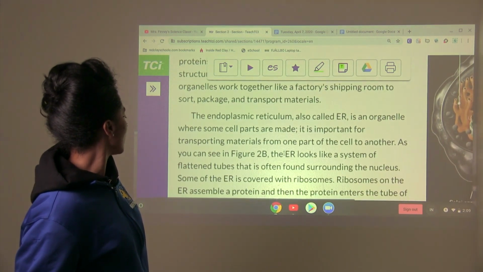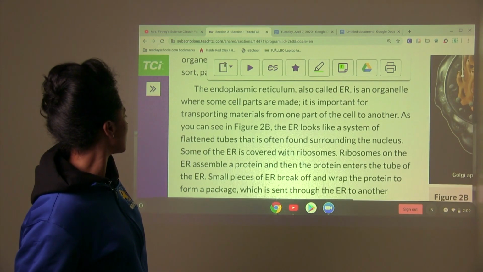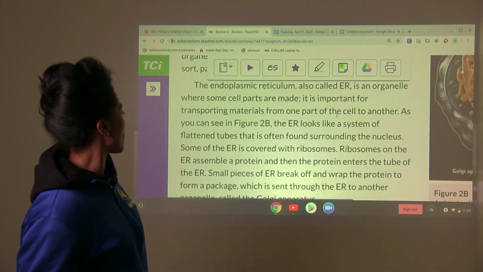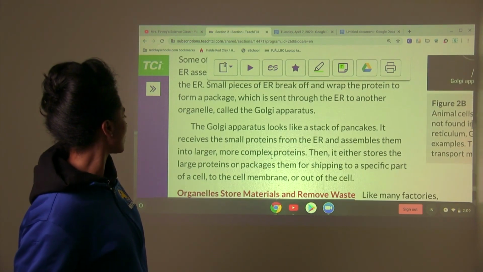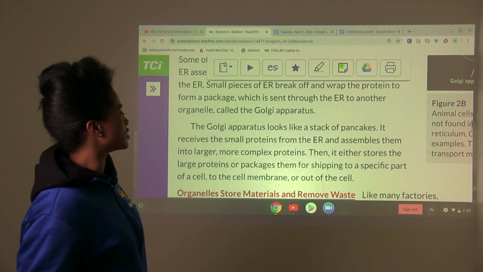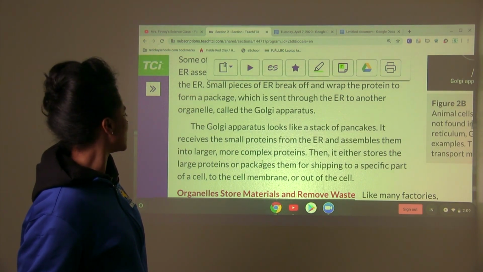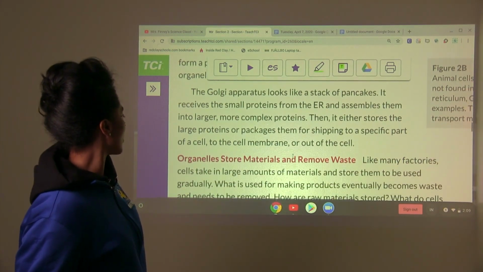So we're looking at the endoplasmic reticulum, okay? It is important for transporting materials from one part of the cell to another. And then we're looking at the Golgi Apparatus, which receives the small proteins from the ER and assembles them into larger, more complex proteins, all right?